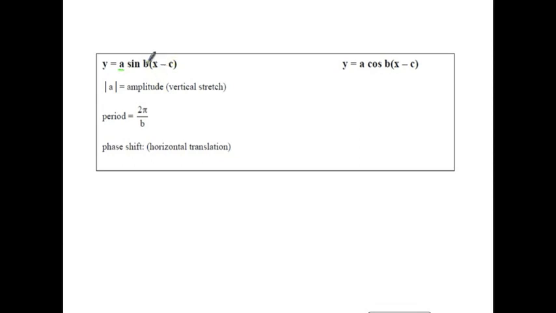Your B value helps you find your period, which is figured out by doing 2 pi divided by b. And again, when we look at some more examples with numbers other than the parent function, a lot of this stuff will make sense. And then the C value, just like in every graph before, the number inside with the x, makes it go left and right, and it's opposite the sign. So that's your horizontal translation.